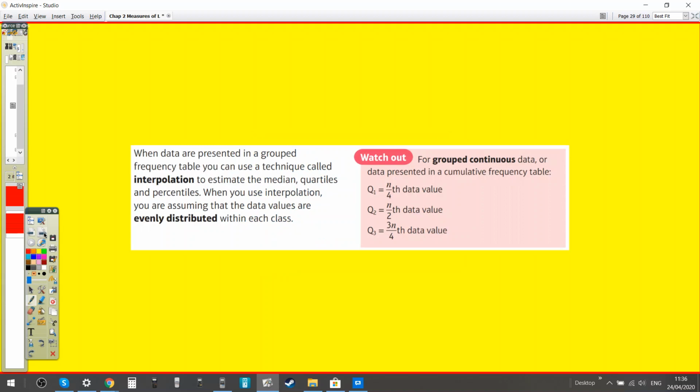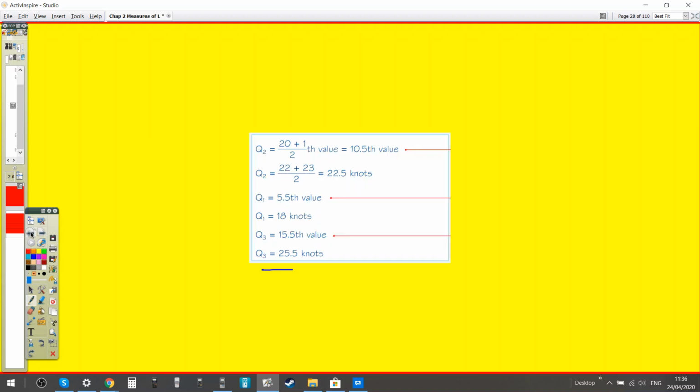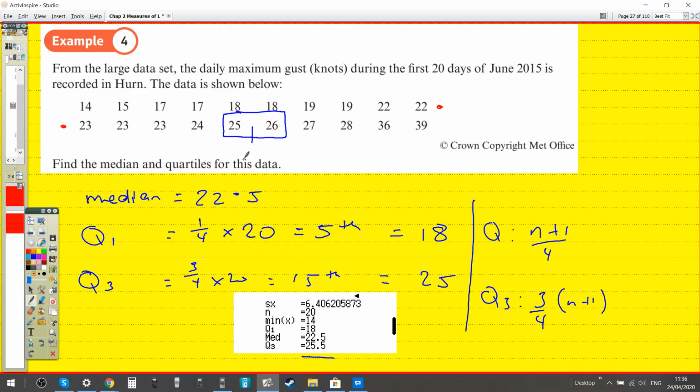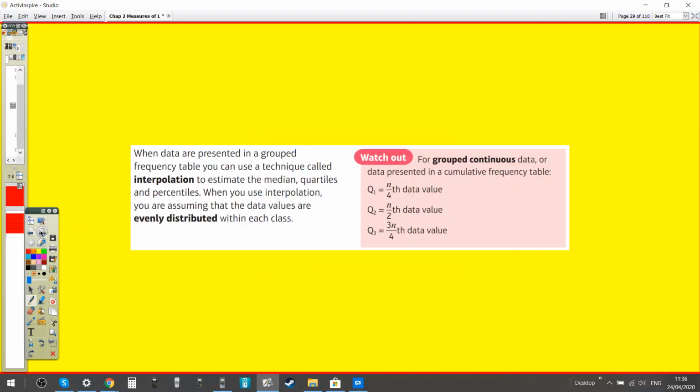Okay, now it's about to get a whole lot harder. This is interpolation.